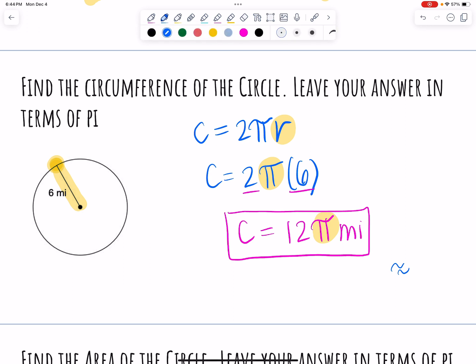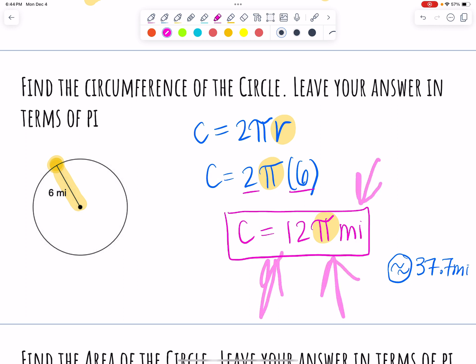As soon as I say about 37.7, that shows that I'm rounding it. So that's about 37.7 miles. This answer right here is way more exact and way more precise. This answer over here is rounded. So if we want the exact answer, we leave it in terms of pi.